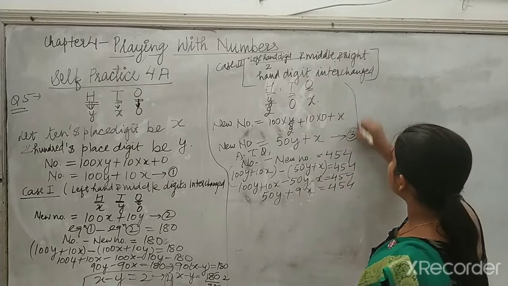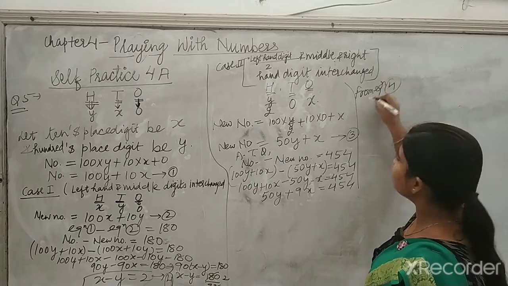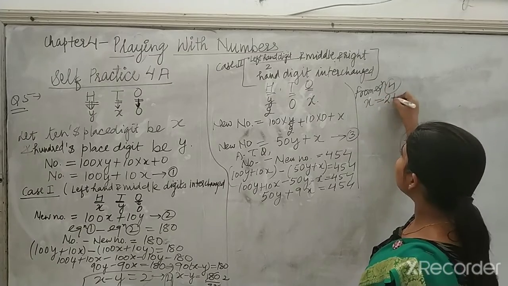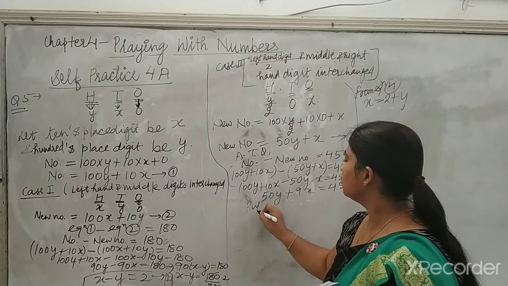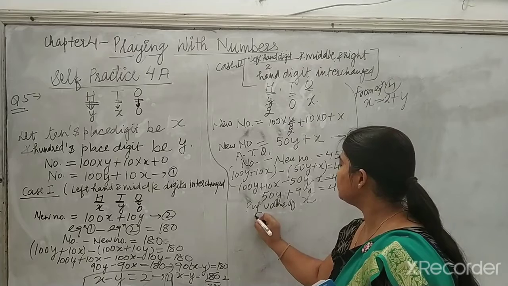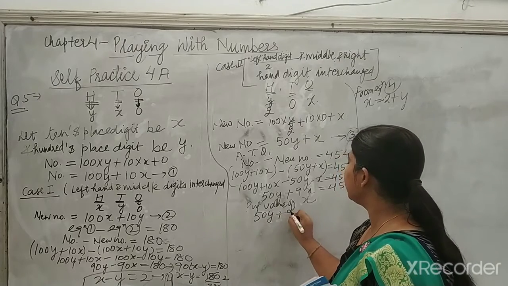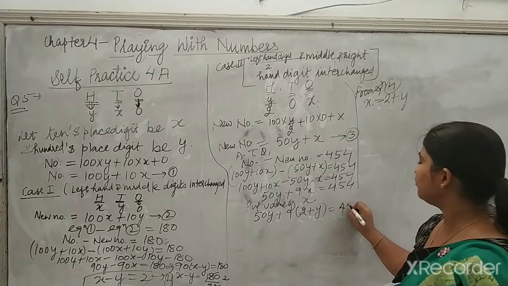Then from equation number 4, you can find the value of x, and that is 2 plus y. So this value I will put over here. Put the value of x. So that is 50y plus 9 into, what is the value of x? 2 plus y is equal to 454.